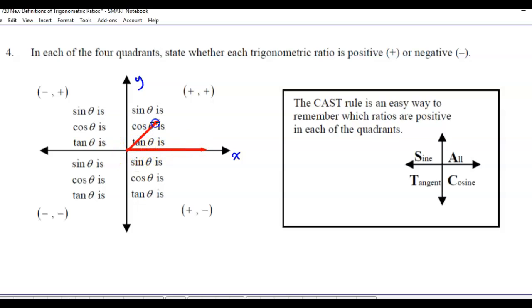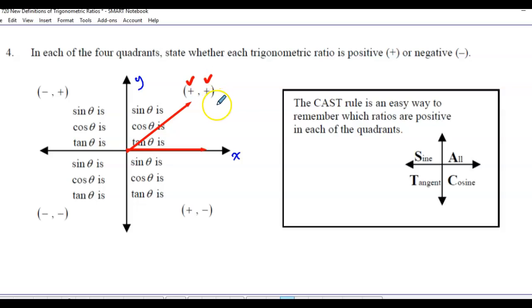So say I have a terminal arm here. When I form my triangle, any point in here is going to have a positive x value and a positive y value. Your r is always positive. Okay, so a positive x and a positive y.